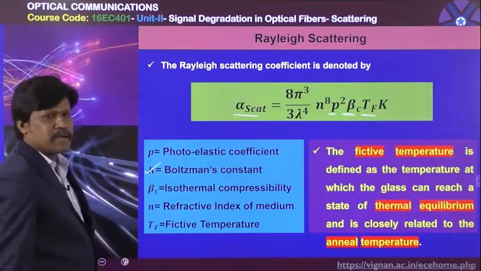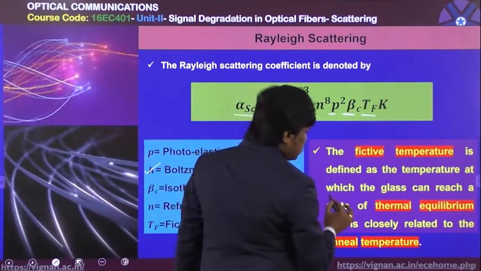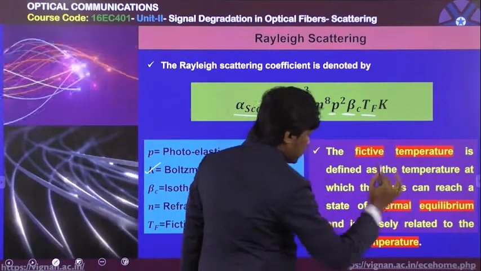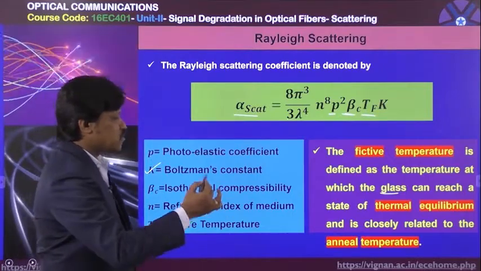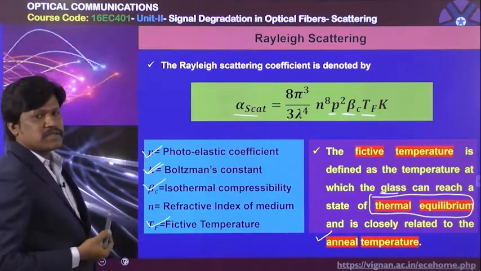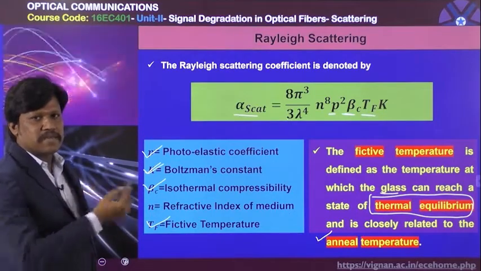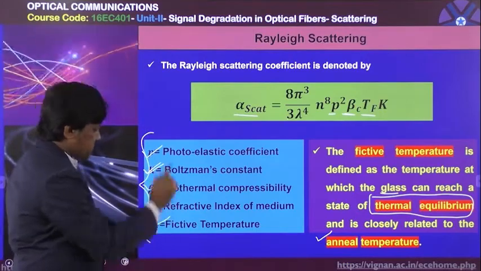So what is fictive temperature? Fictive temperature is defined as the temperature at which the glass can reach a state of thermal equilibrium, and it is closely related to the annealing temperature. The Rayleigh scattering coefficient can be calculated with the help of these parameters.